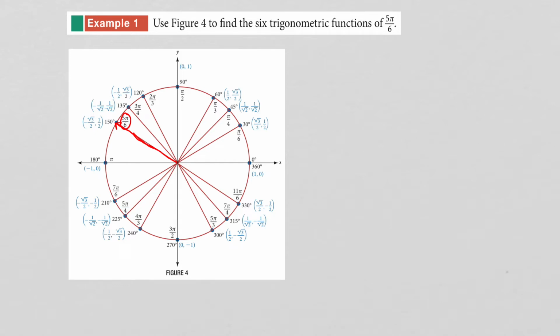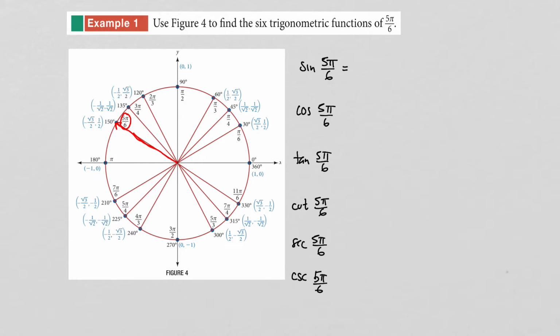And I want to get these 6 trigonometric functions of that angle. So that means we want to get the sine of 5 pi over 6, the cosine of 5 pi over 6, tangent of 5 pi over 6, cotangent, etc., secant, and cosecant.